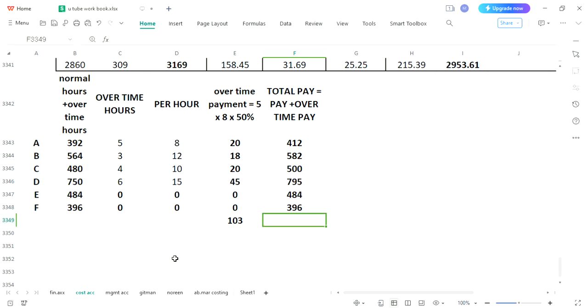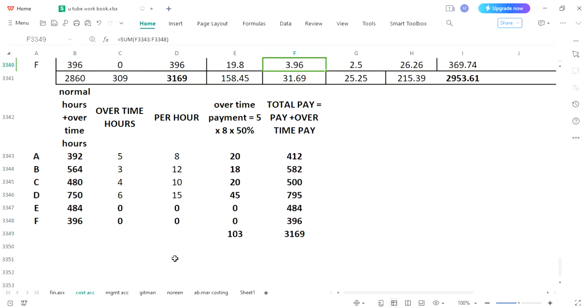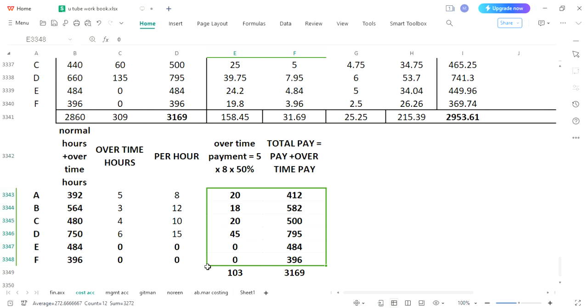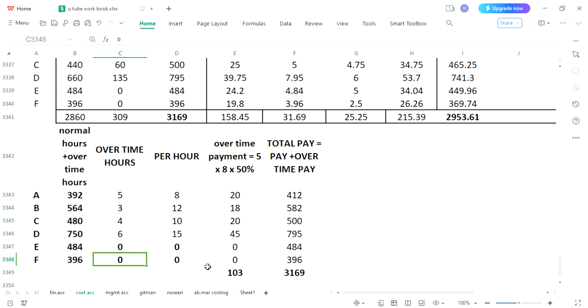Now we will sum up all payments. I will take help from Excel, and these amounts, highlighted amounts, would be added. We have got our payment. Now here you can see the same answer has arrived for total payment 3169 and 3169. Answer is not different, just methods are different. And difference is what? That is amount of overtime and total payment.